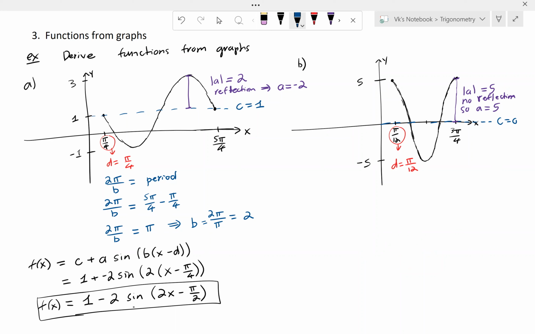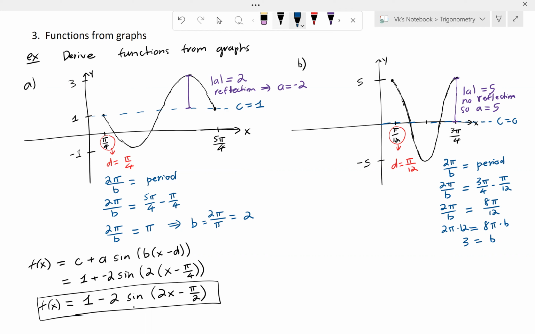Use the definition of period. 2 pi over b equal period. 2 pi over b is the difference between 3 pi over 4 and pi over 12. So 2 pi over b equal 8 pi over 12. Do the cross multiply, and we have 2 pi times 12 equal 8 pi times b. So that tells us b equal 3.